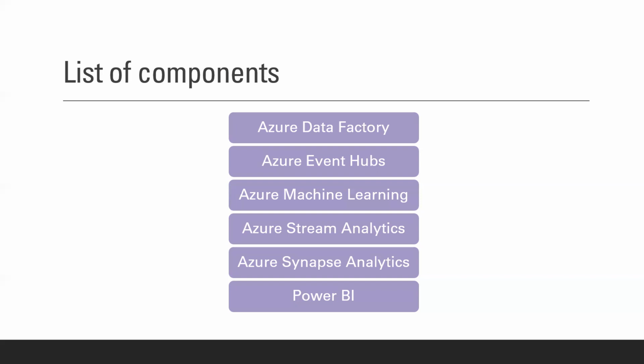If you remember, in the predictive aircraft engine monitoring architecture, we used the same method. We access data from Azure Machine Learning, store everything in Synapse Analytics, and send the data to Power BI for visualization.